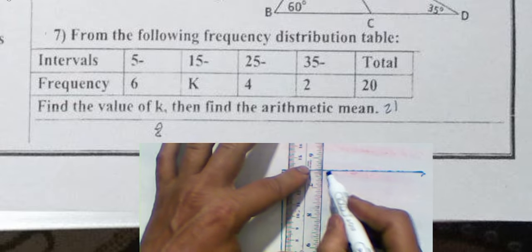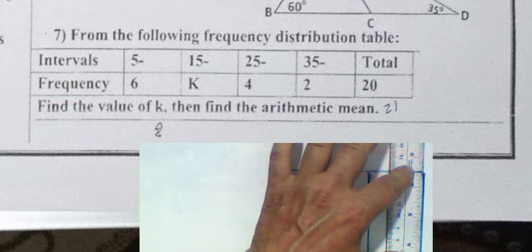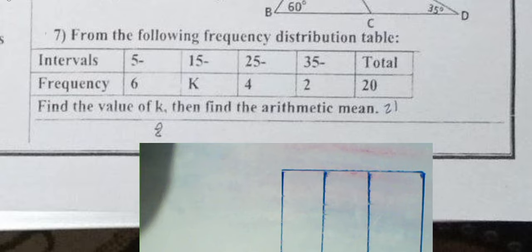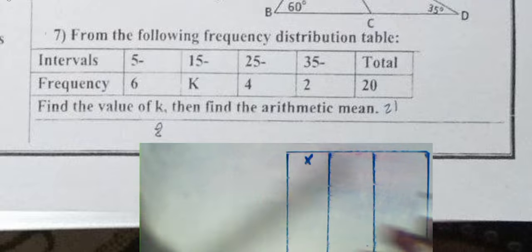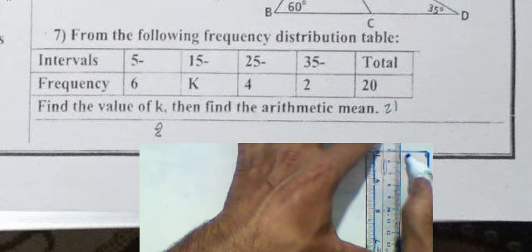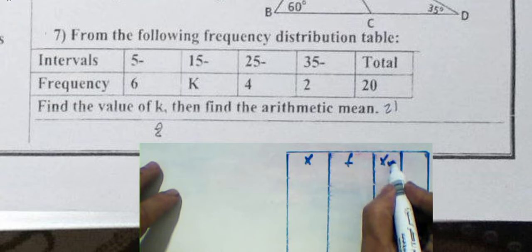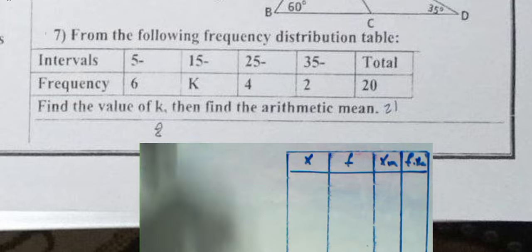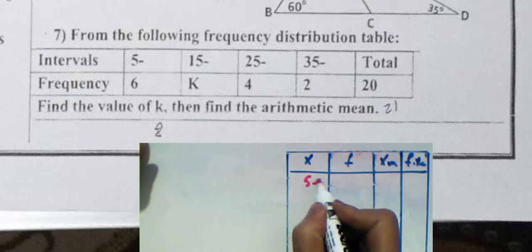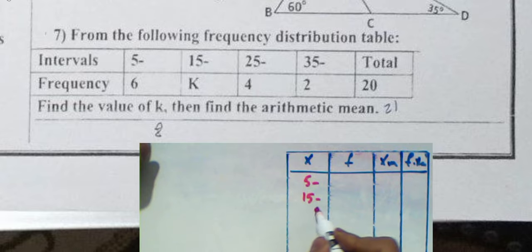Divided into 4 parts, like this, 1, 2, 3, and 4. Pay attention with me. First I will write X and frequency and the center of each set and the product between frequency and center of each set. X is 5 to 15, 15 to 25, 25 to 35.